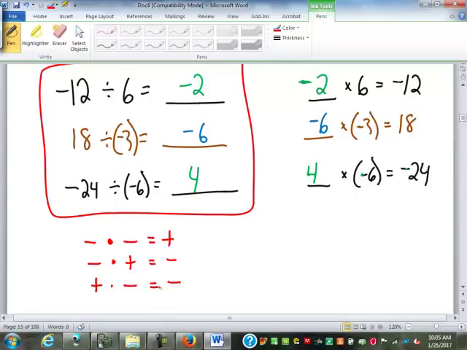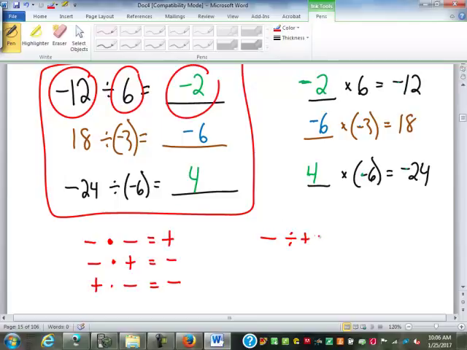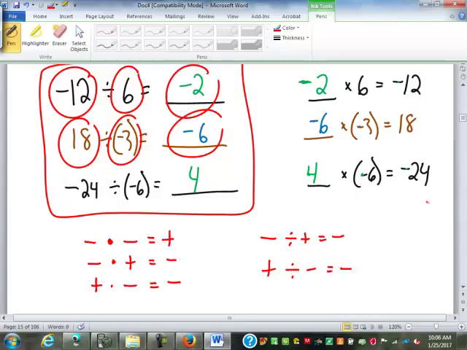Well, if we look up here, a negative divided by a positive equals a negative. Positive divided by a negative equals a negative, right? And a negative divided by a negative equals positive.